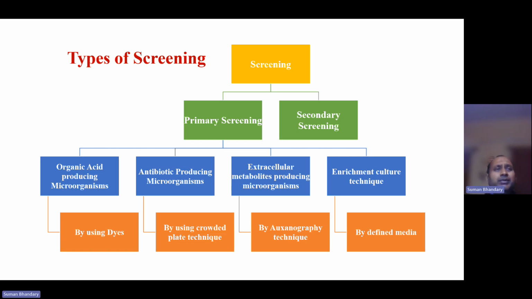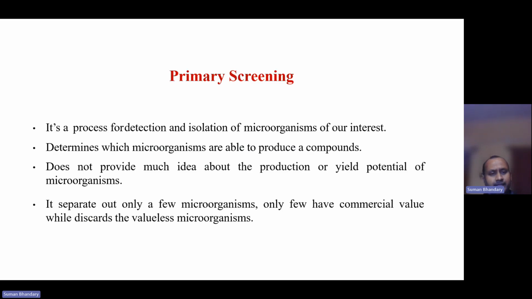Now, there are multiple techniques we can apply here. First, to discuss the primary screening techniques. Primary screening is basically a process for the detection and isolation of microorganisms of our interest.